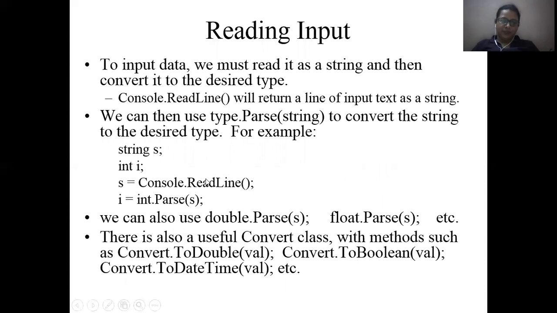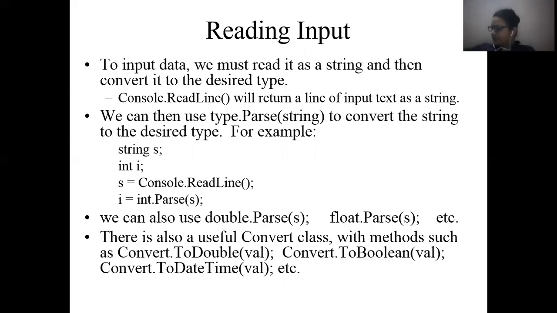Reading inputs. To input data, we must read it as a string and then convert it to the derived type. Console.ReadLine will read a line of input text as a string. We can then use type.Parse(string) to convert the string to the derived type.